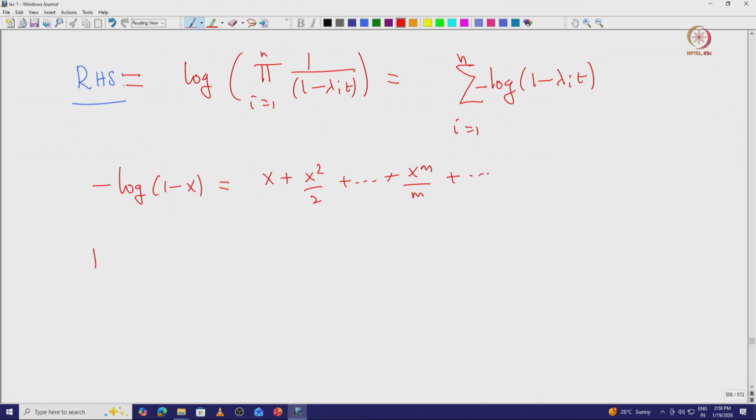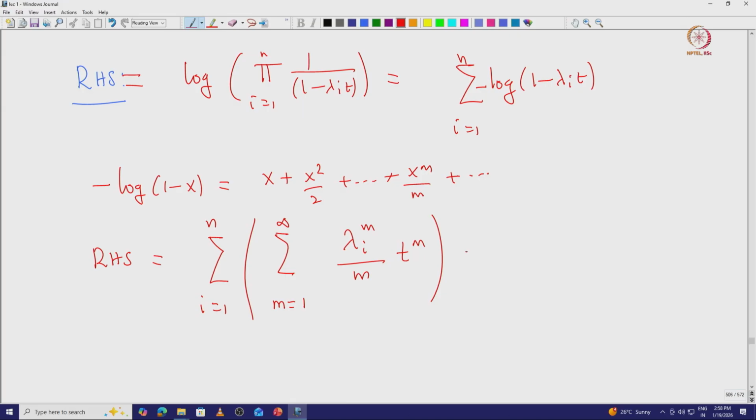If we use that, then the right hand side becomes equal to the summation i from 1 to n, summation m from 1 to infinity, lambda_i power m divided by m, and then t power m. So this is what we get on the right hand side.